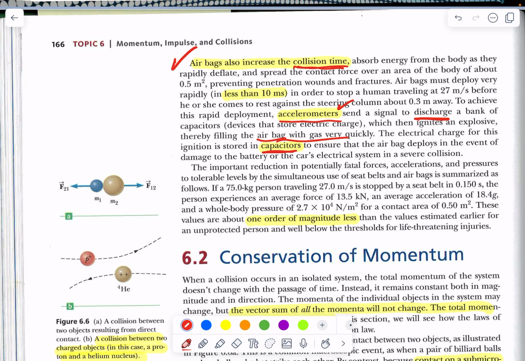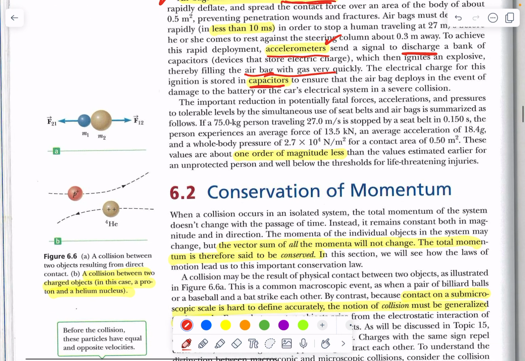And it says that because of the airbag, it reduces the effect by 1 order of magnitude. 1 order of magnitude means by a factor of 10 times. And so instead of maybe going from 10 to the 4th, maybe it's 10 to the 3rd Newton per meter squared, or 10 to the 5th, depending on which direction you're comparing. That would be a factor of 10.